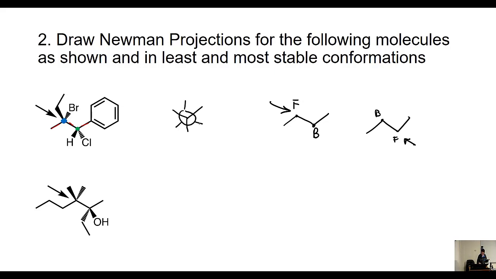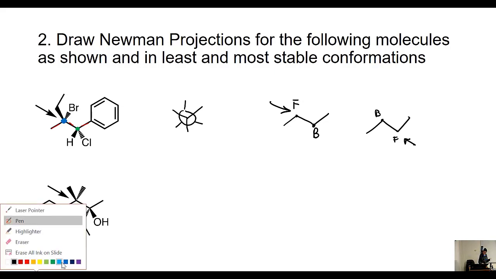Okay. So this is a Newman projection. The front carbon is the dot, the back carbon is going to be the circle.